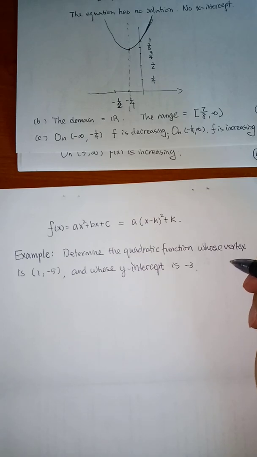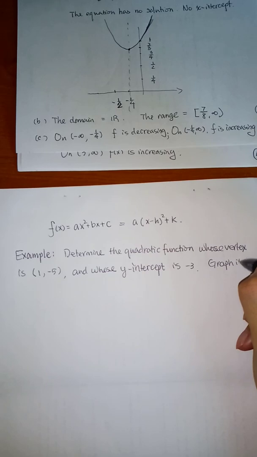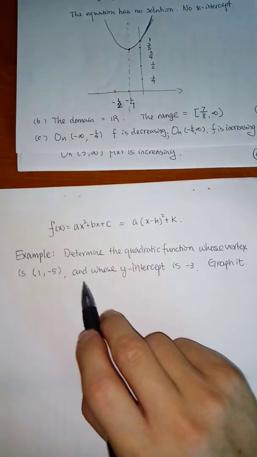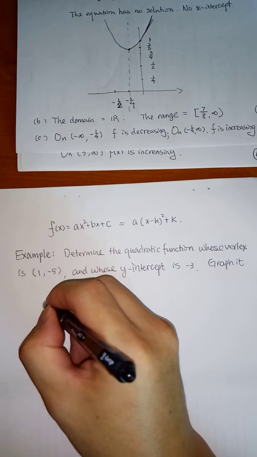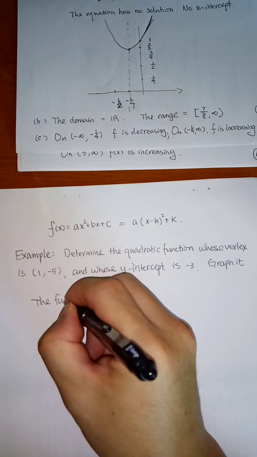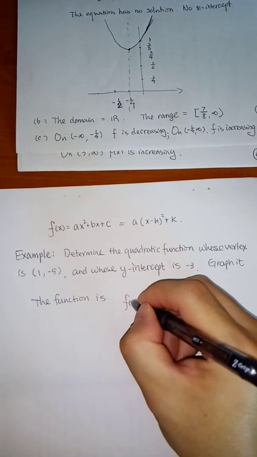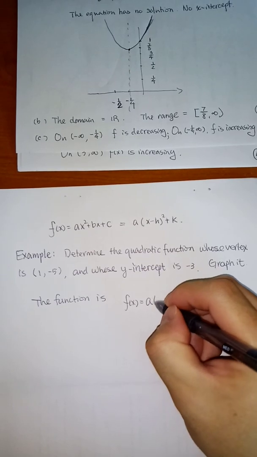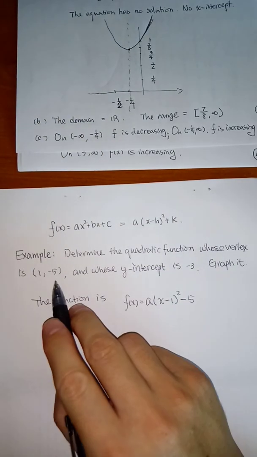Okay, and graph it. Well, let's see. Whenever you have the vertex, the function is f(x) equal to a times (x minus 1) squared plus -5.